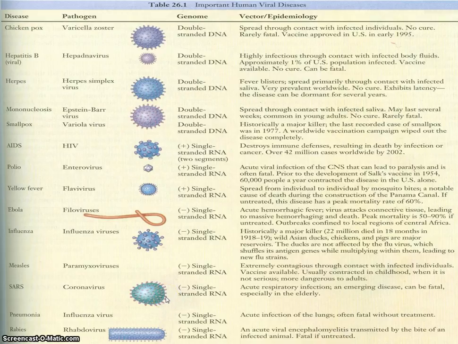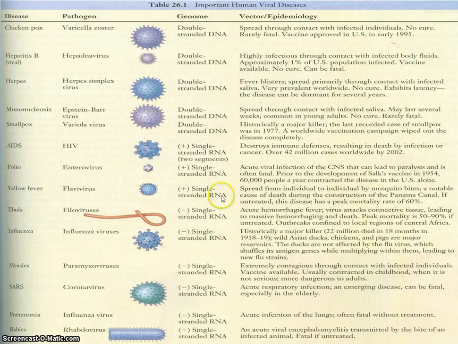Let's see, SARS. We've heard about SARS in the news before. Very fatal to the elderly. It's a respiratory disease. If you haven't heard about SARS, it was in the news really big back in like 2005. That is an RNA virus. The virus that can cause pneumonia, it's related to the flu virus. Rabies, a column or tube shaped RNA virus. Now I'm being particular about the DNA virus versus RNA virus, and like I said, we're going to get into those particulars a little bit later.